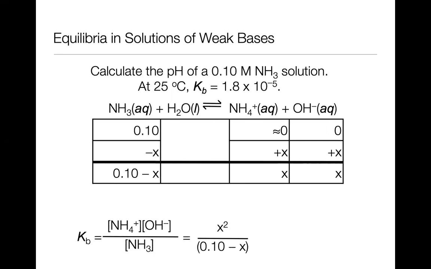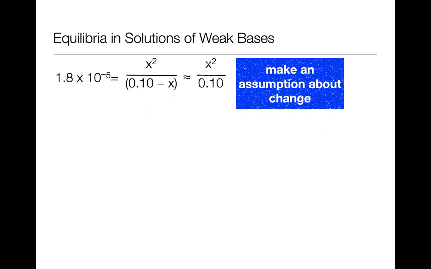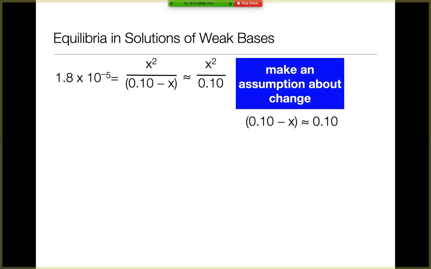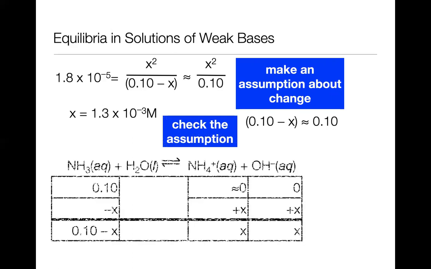I can substitute in all the values in my E row, plug in my numbers. I can make my assumption, stating that X is much, much smaller than, what am I comparing it to? The number 0.10. I can solve for X, check my assumption.